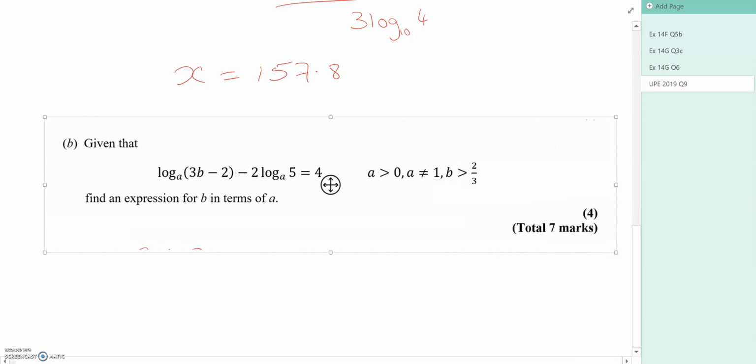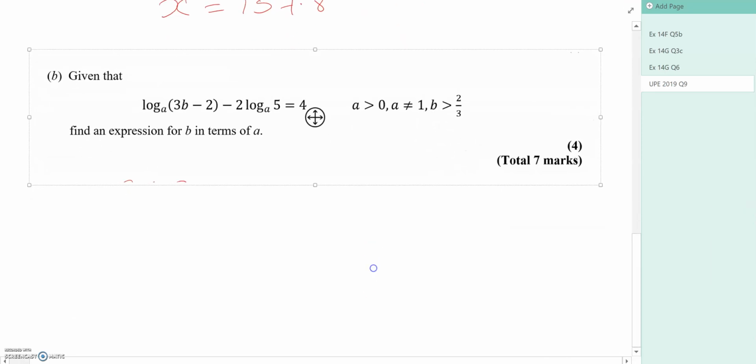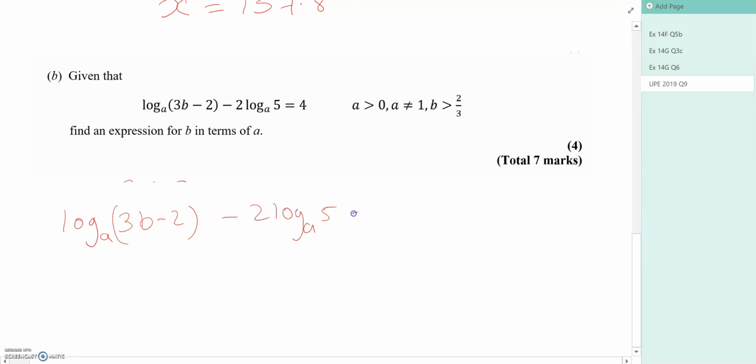And now part B says, given that log base a of 3b minus 2 minus 2 log base a of 5 equals 4, find an expression for b in terms of a. So what we're going to do, we've got a subtraction, the logs are being subtracted, so that means we can divide, but there's a problem, there's a 2 here.